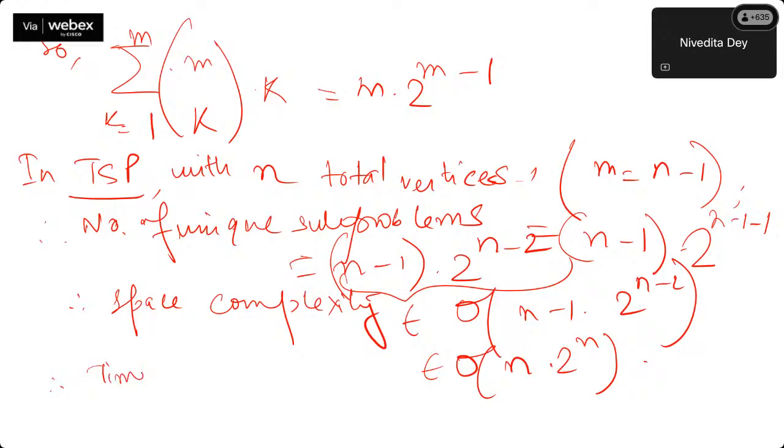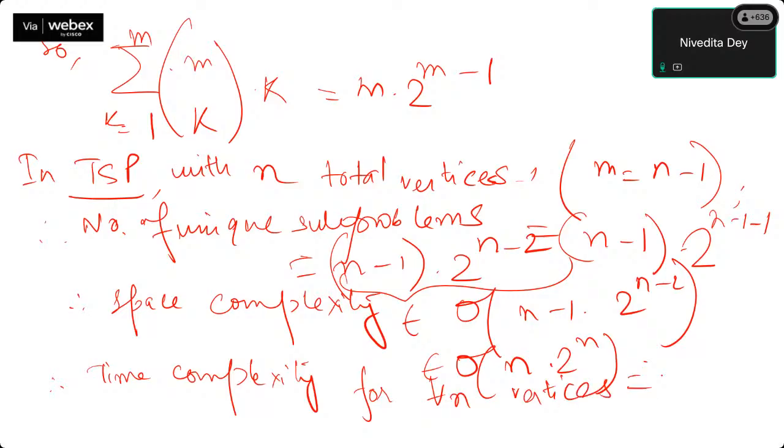And therefore, the time complexity, for all vertices, will be n into the space complexity.